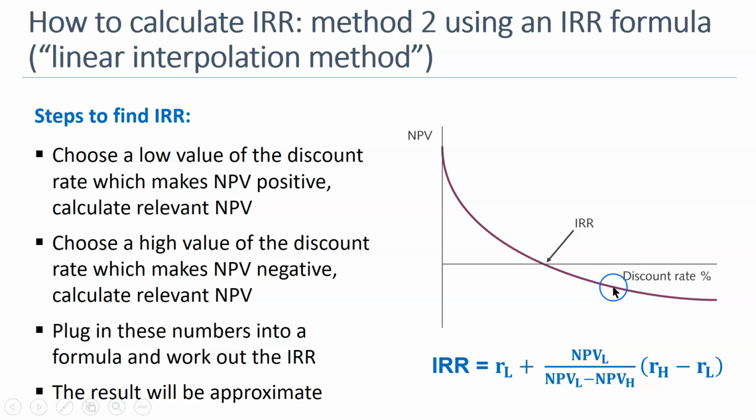We'll calculate net present values, the location of points on this curve, at each discount rate, and plug everything which we've calculated into this particular formula. Our result is going to be approximate. It will rely on approximation of the shape of the curve between the 2 points which we've calculated. So the result will not be exactly accurate, but it will give you a rough idea of what your IRR is.